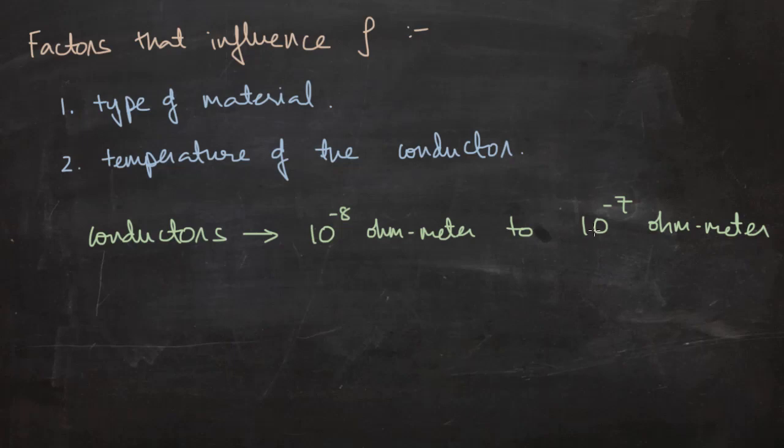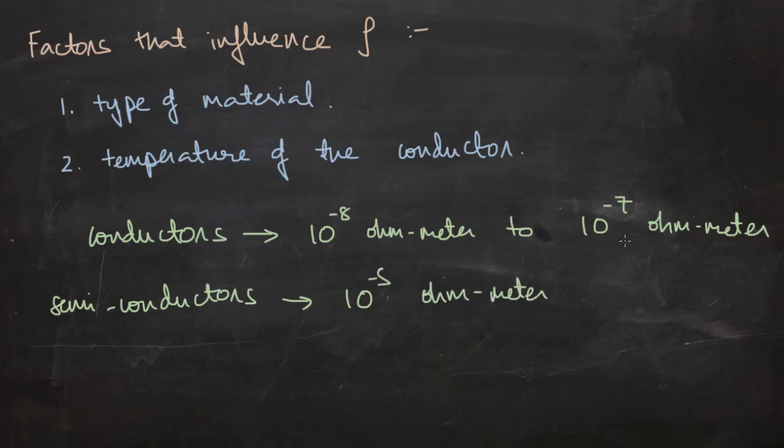Whereas those of alloys usually lie in the range of 10 to the power of minus 8. While if we look at semiconductors, they have resistivity in the range of 10 to the power of minus 5 ohm meter.